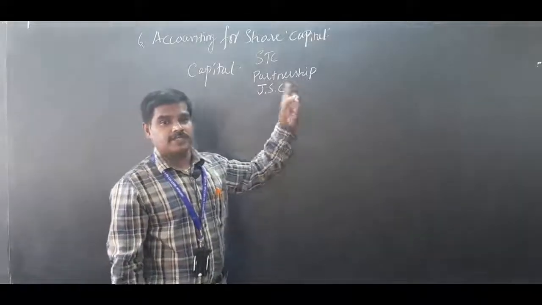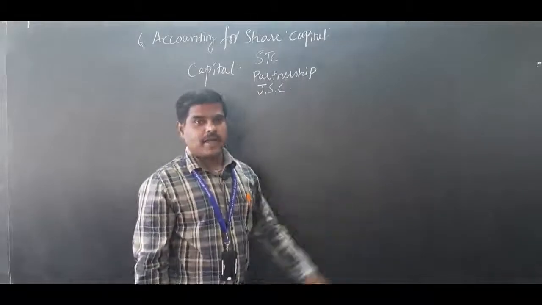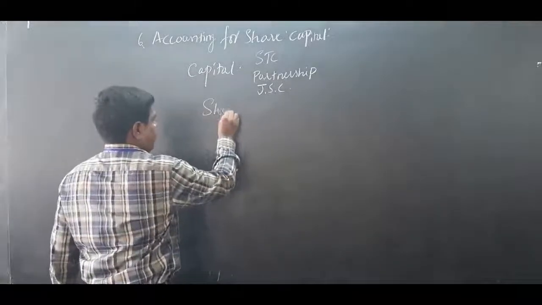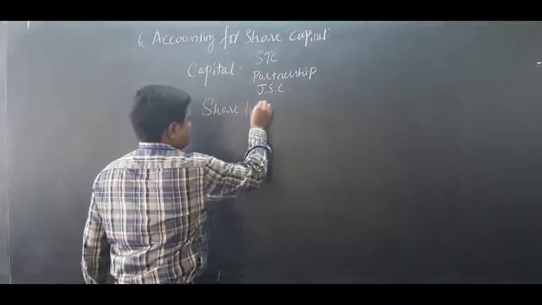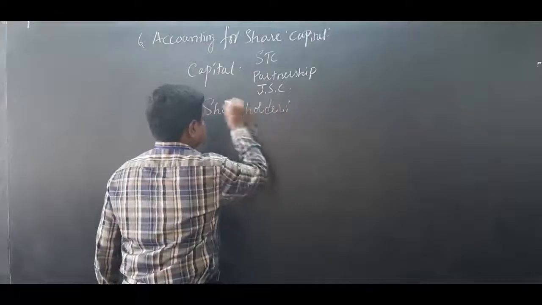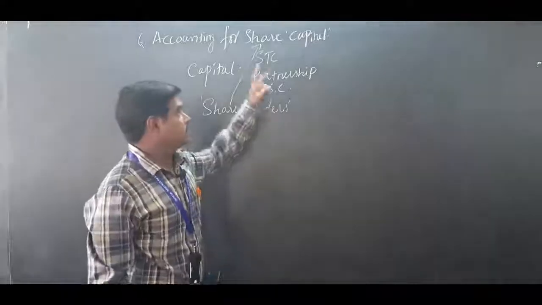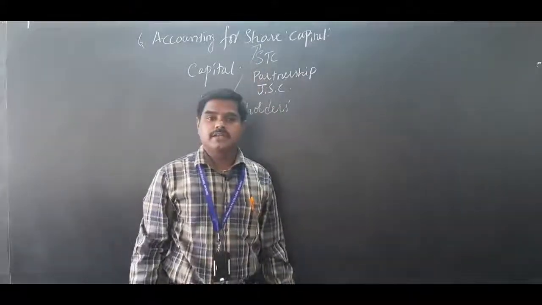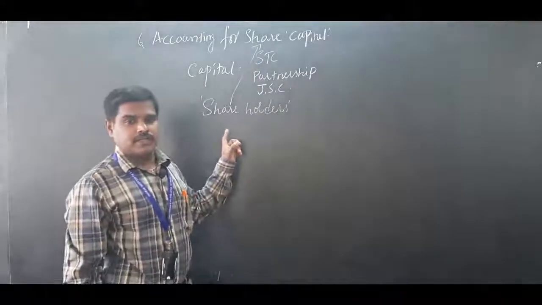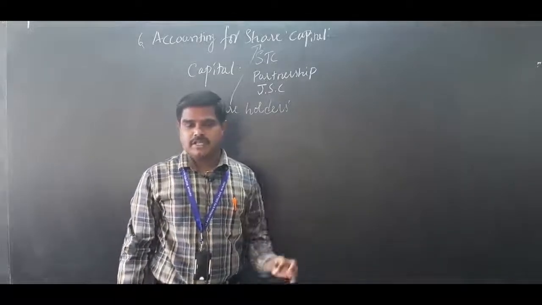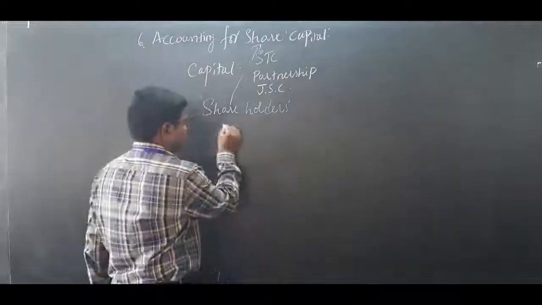Whereas, in case of a joint stock company, the capital contributed by the shareholder is what you call share capital. Then who is a shareholder? Shareholders are the subscribers or members of a joint stock company.